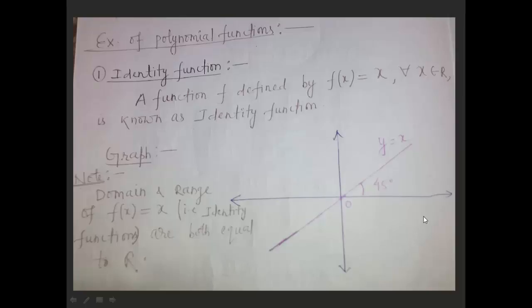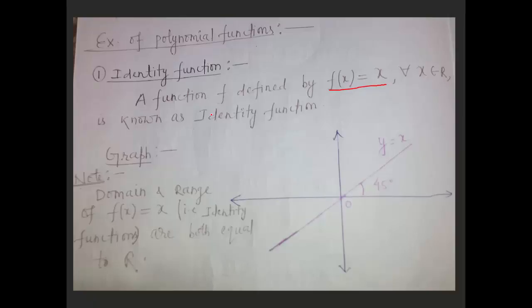So here are some examples of polynomial function. The first one is the identity function. Any function f defined by f(x) = x, where x belongs to the set of all real numbers, that means x can take the value of any real number, is known as identity function.